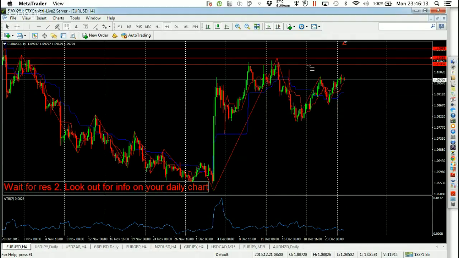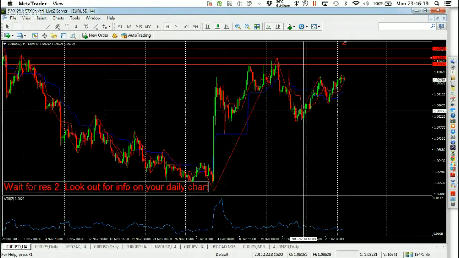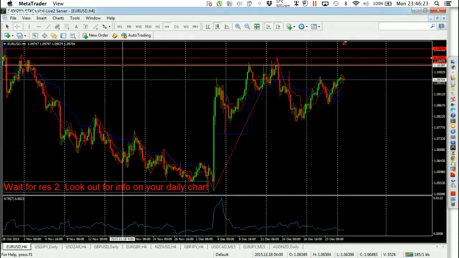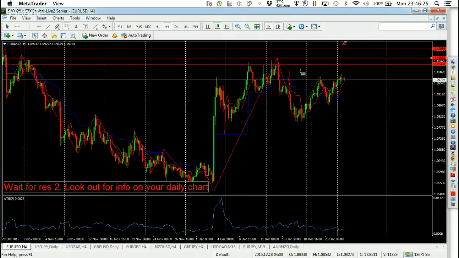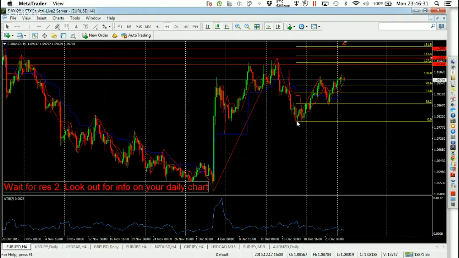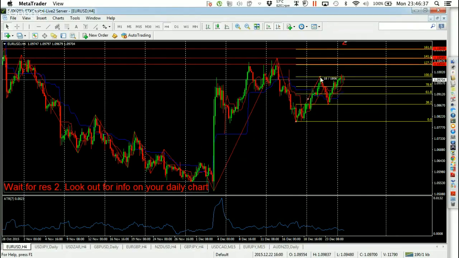Okay, I'm looking for a one-to-one measured move from here to here, and from here to here, AB equals CD. So instead of going for a one-to-one move, I'm going to use my Fibonacci and come in here where I find areas of interest.